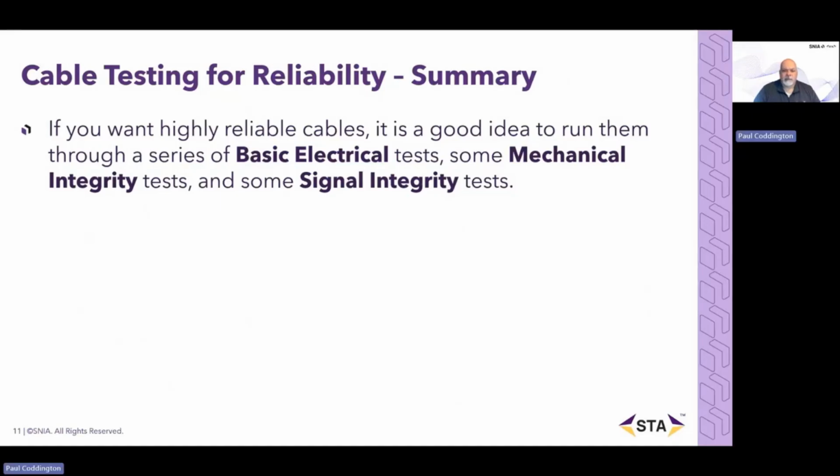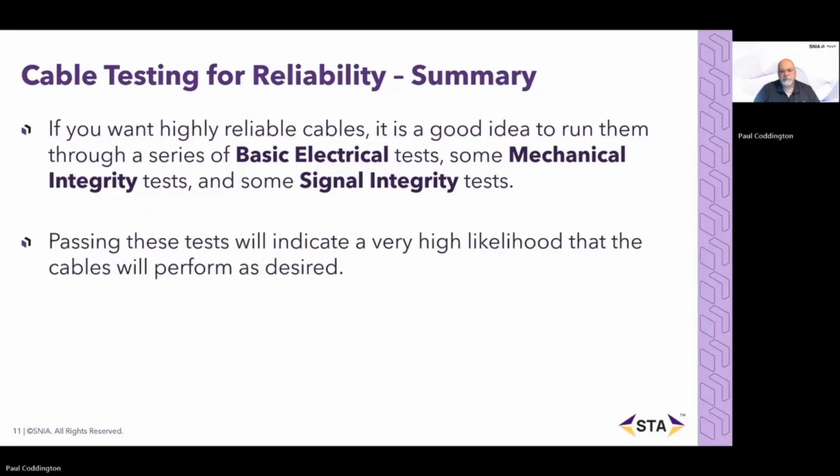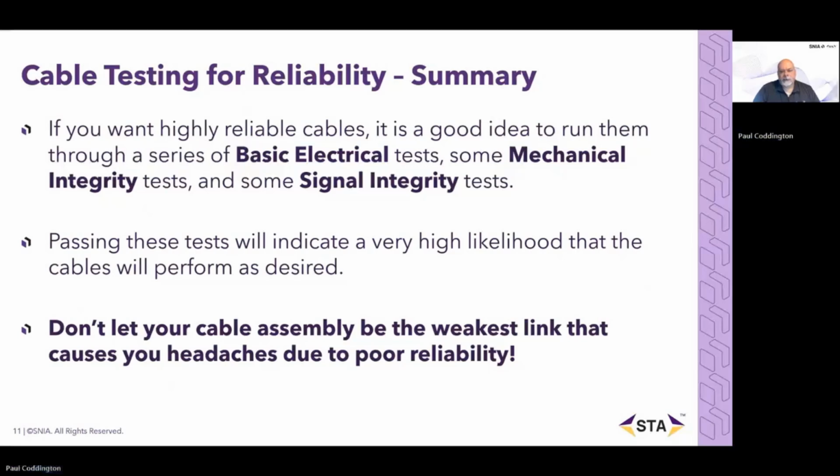It is a very good idea to run them through a series of basic electrical tests, some mechanical integrity tests, and some signal integrity tests. There's a high likelihood that the cables will perform as desired if they pass these series of tests. Avoid letting your cables be the weakest link that causes you headaches due to poor reliability.